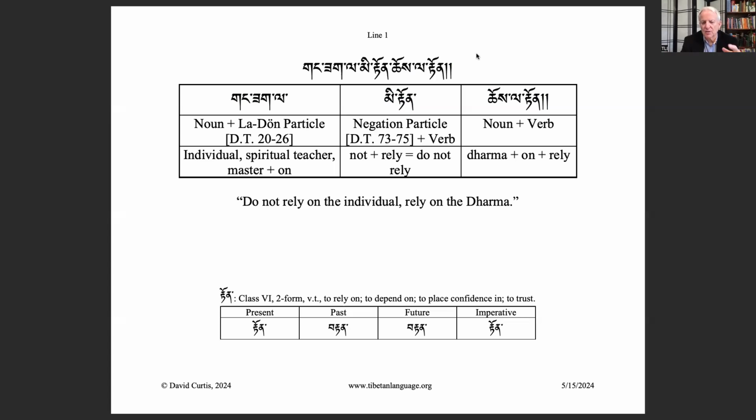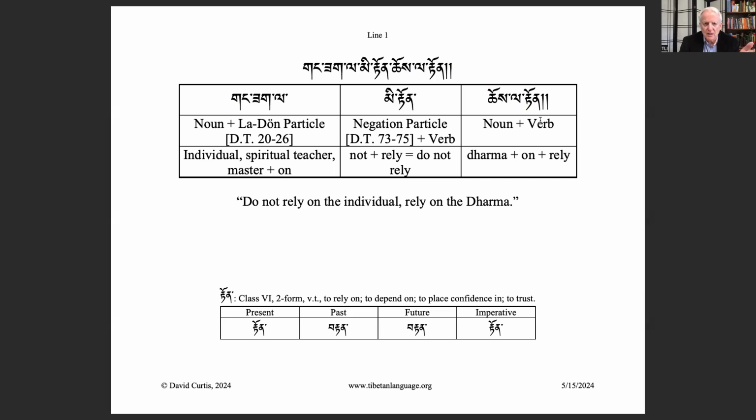So it takes some commentary to understand what the meaning of it is for most people. Okay, so gongzak la mi tun, don't rely on the individual. And then the last box, chö la tun. Well, chö is the Dharma, the teachings of the Buddha, of course. So chö la, on the Dharma, tun, rely. So this is pretty straightforward.